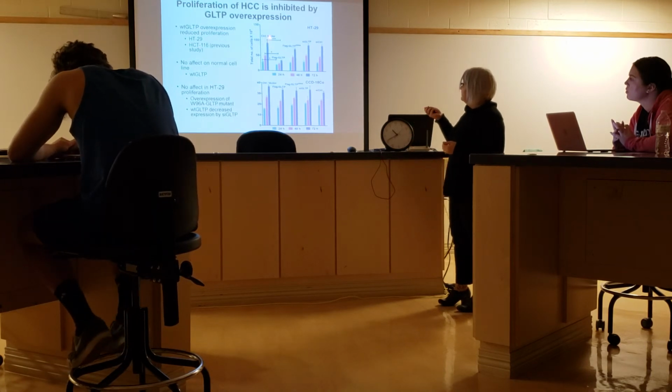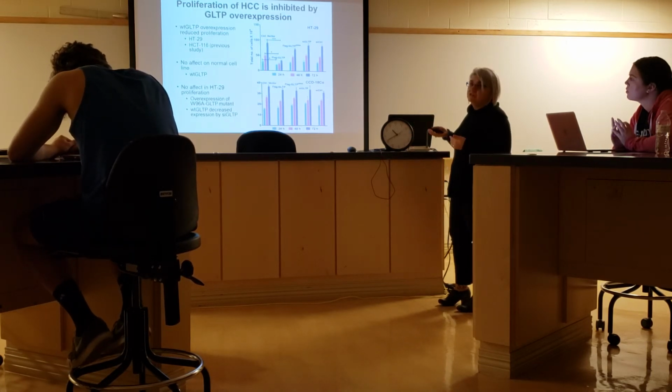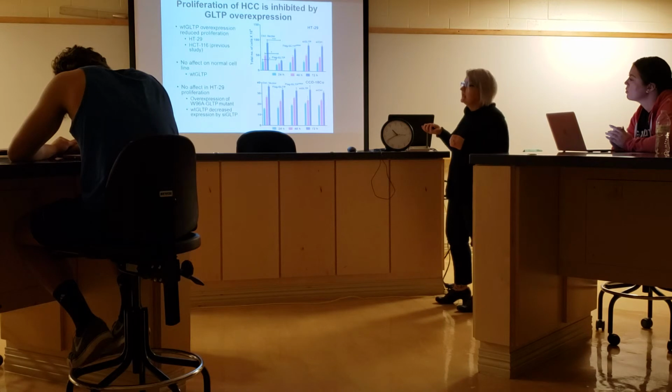So using the control vector here, which is the wild type GLTP, they then used the overexpressed GLTP from the previous study, and what they found was that there was significant reduction in cell proliferation. And then when they compared it to the normal cell line, there was no effect.